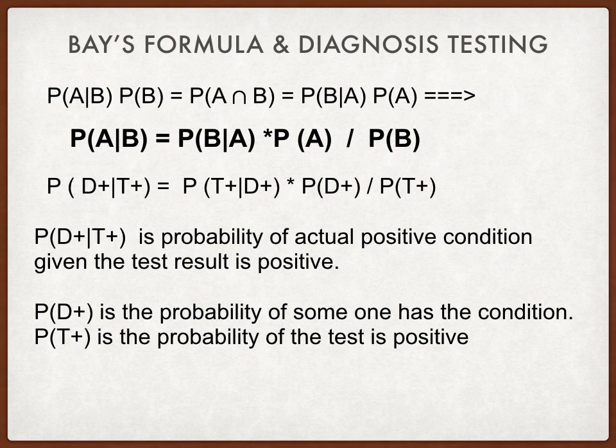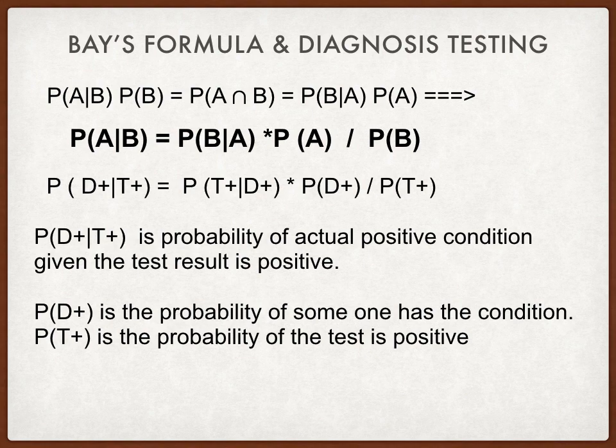The example is when we are talking about diagnosis testing. Let's say the probability of D plus given T plus, the probability of having a condition given the test for that condition is positive, is equal to the probability of the test being positive given the patient actually has the condition, multiplied by the probability of having the condition, divided by the probability of the test being positive, right?